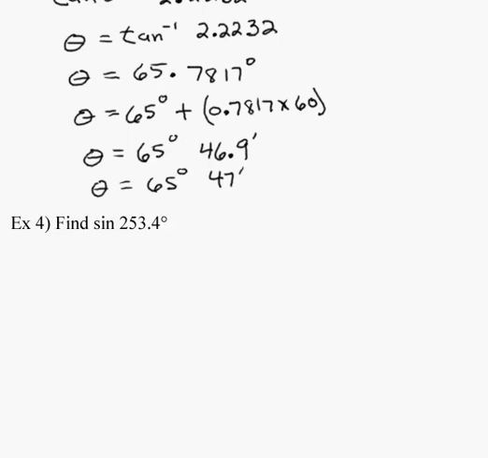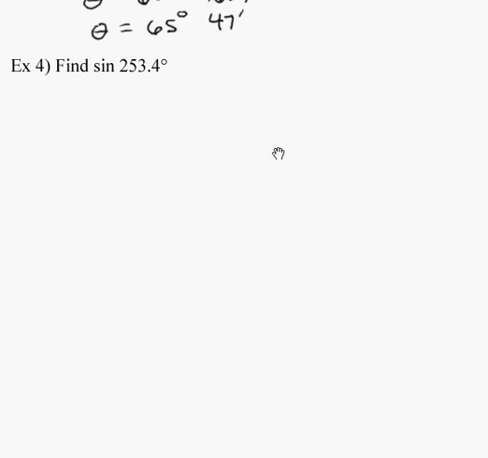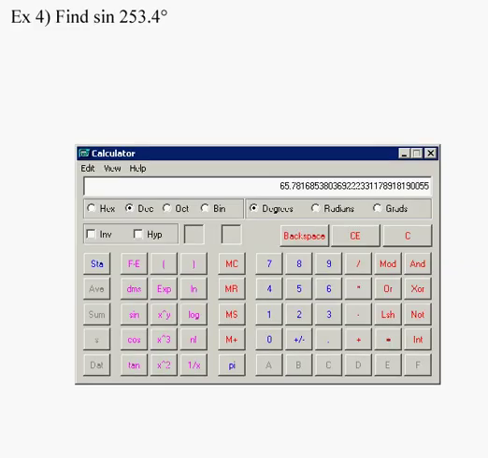All right, your calculator knows all Scandinavians stand carefully. It knows what's positive or negative in what quadrants, which is nice. So this sine of 253.4, that's in quadrant 3. And sine is negative in quadrant 3. So if I type 253.4, hit the sine button, my calculator already tells me, yep, it's negative 0.9583.